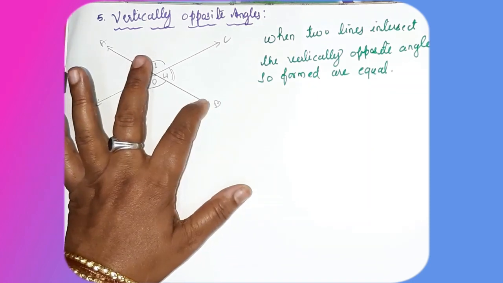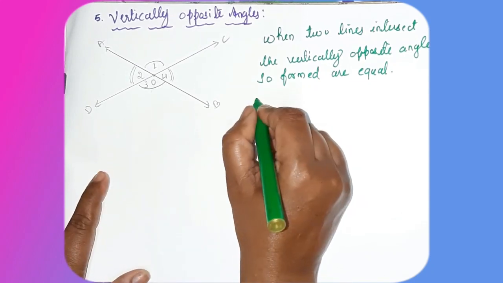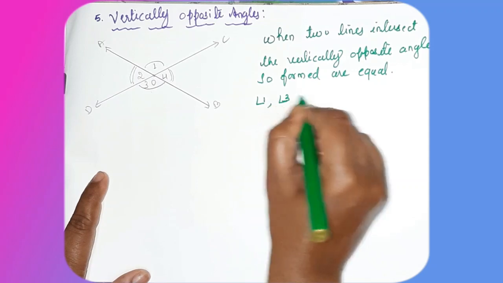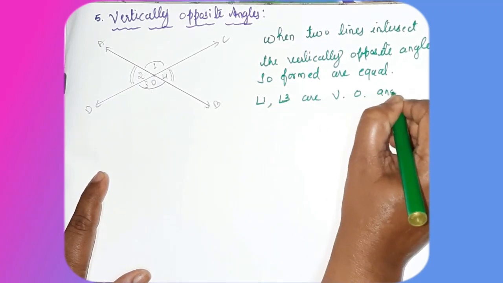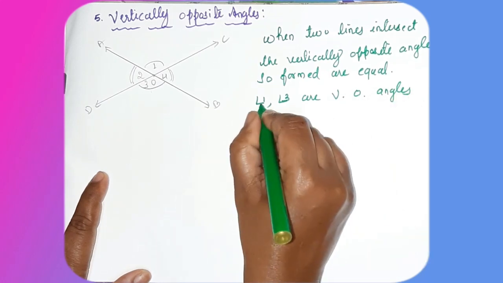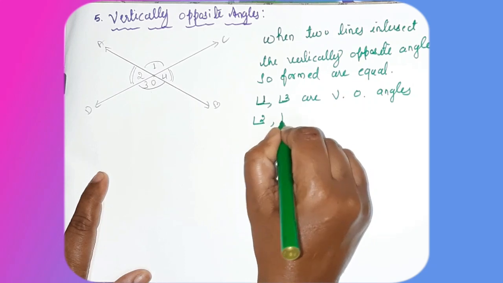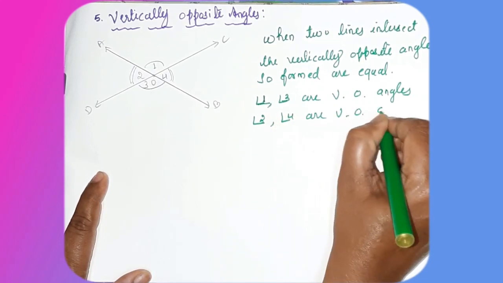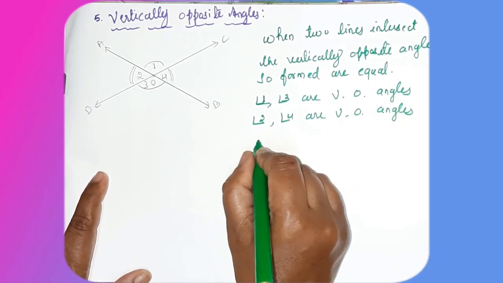Four angles are formed. In that, which are vertically opposite angles? Angle 1 and angle 3 are vertically opposite angles. Then angle 2 and angle 4 are vertically opposite angles. So what can we say?